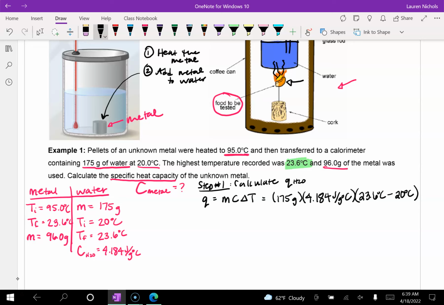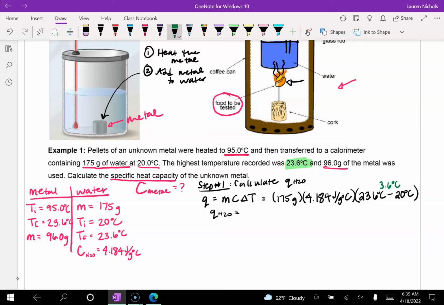So if we simplify this, we know that 23.6 degrees minus 20 is just going to be 3.6 degrees Celsius, so I can simplify that.